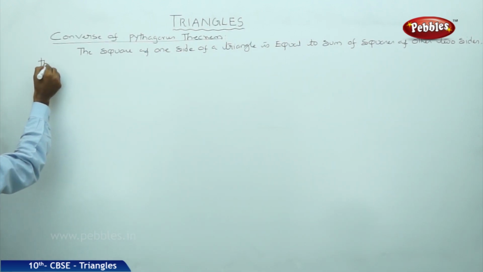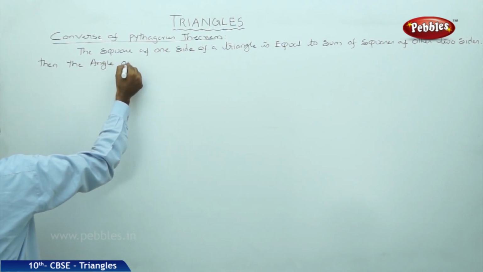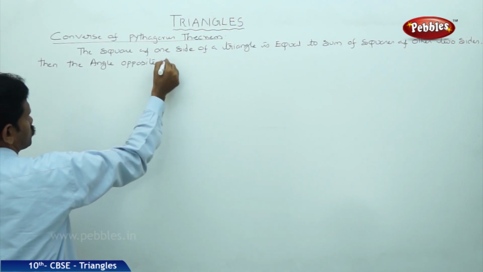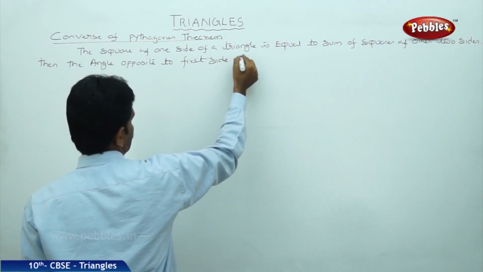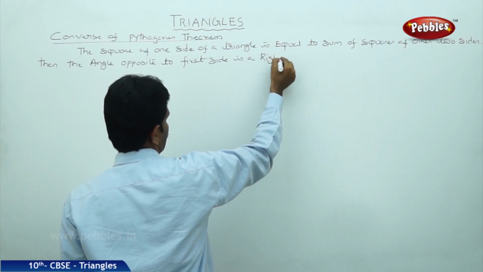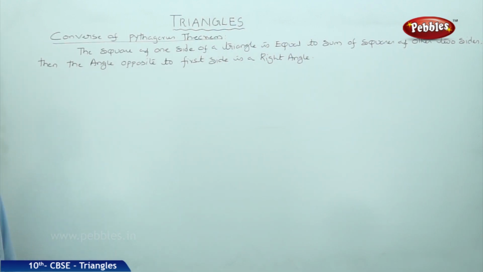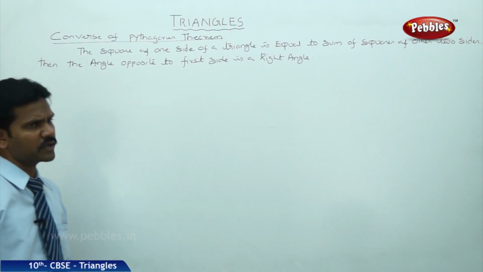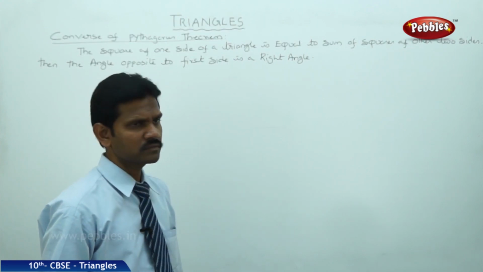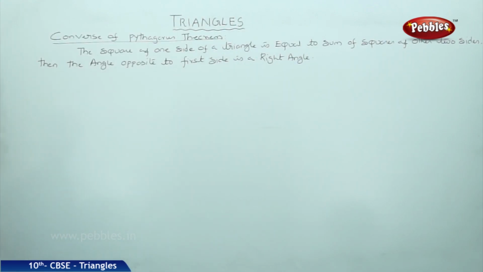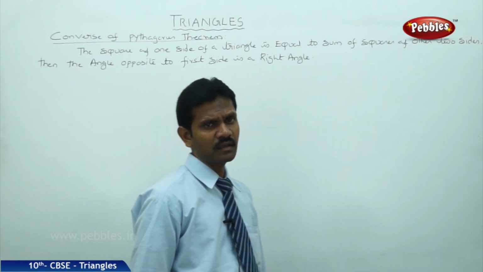Then the angle opposite to the first side is a right angle. This we have to prove now.